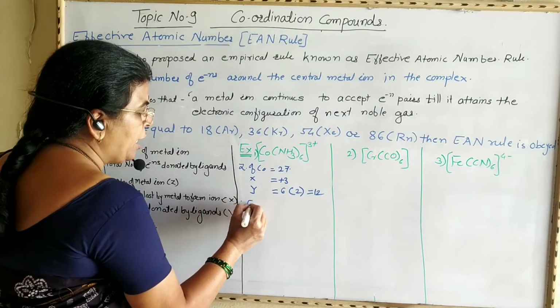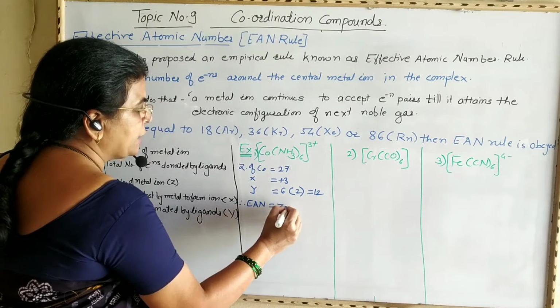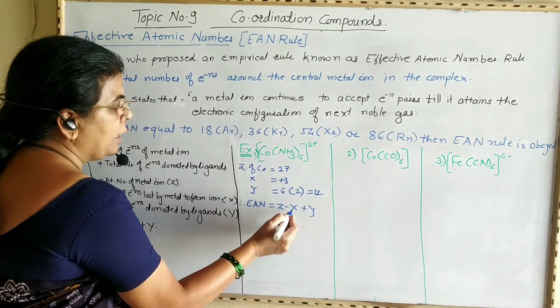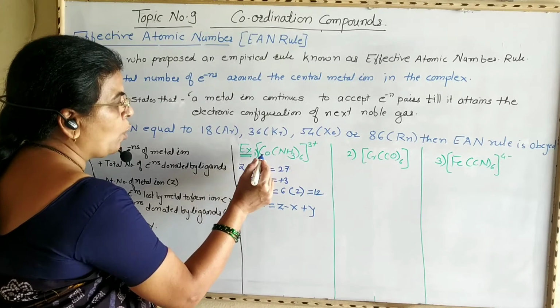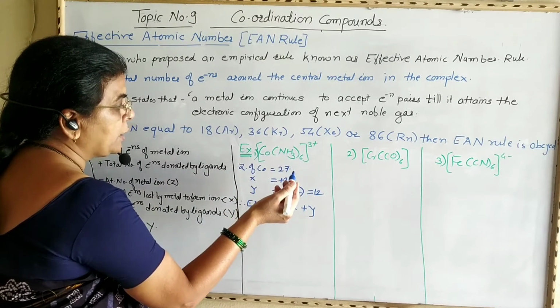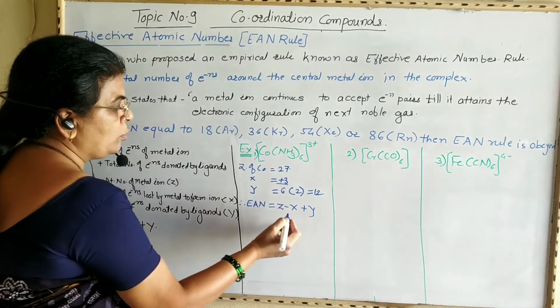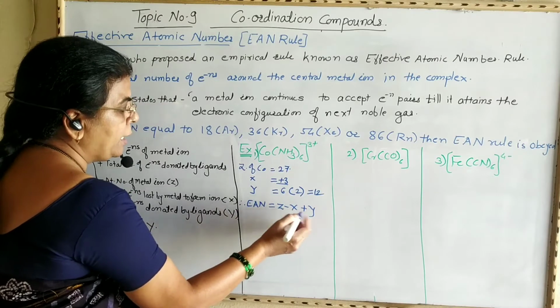Therefore EAN is equal to, we know the formula, Z minus X plus Y, where Z is the atomic number of cobalt, X is the oxidation state of this cobalt, that is when this cobalt is converted into plus 3 it donates 3 electrons, plus the number of electrons donated by ligands.